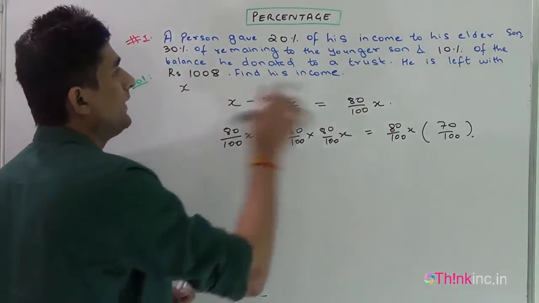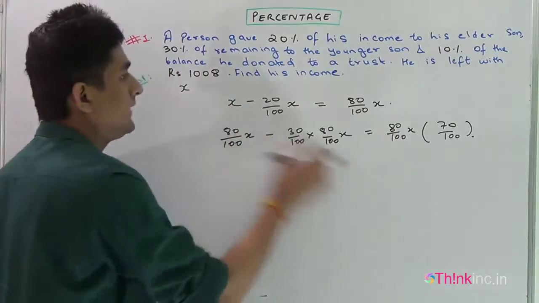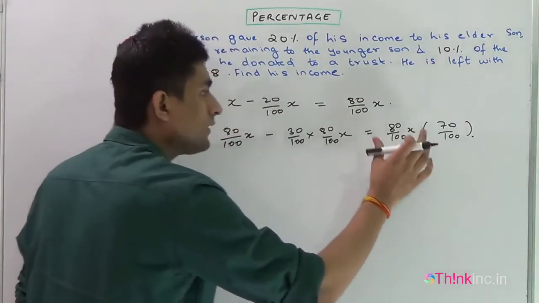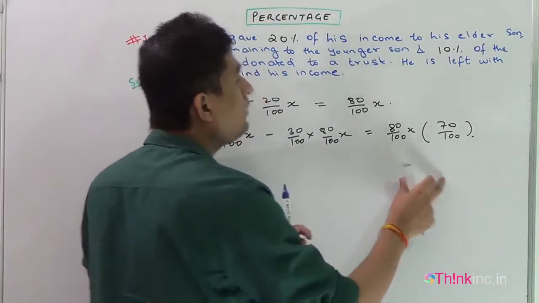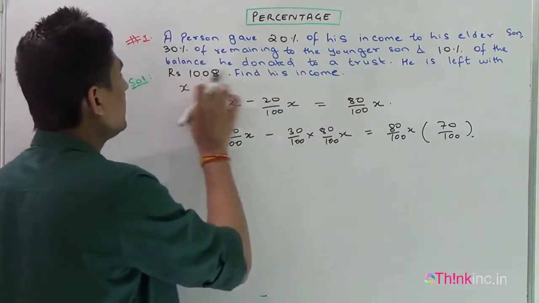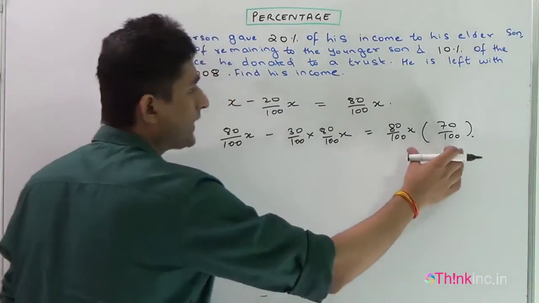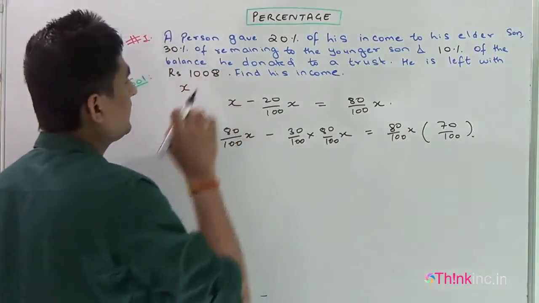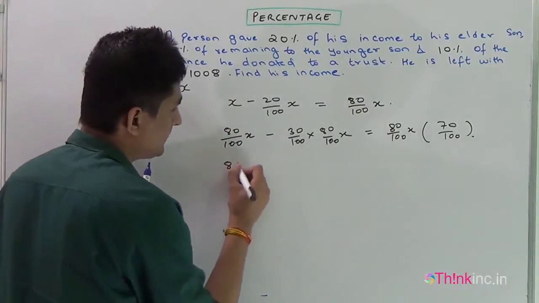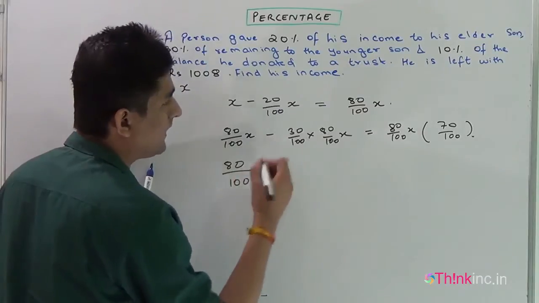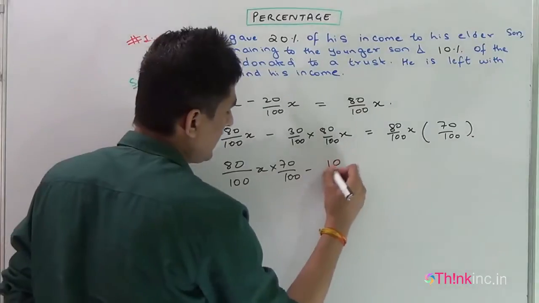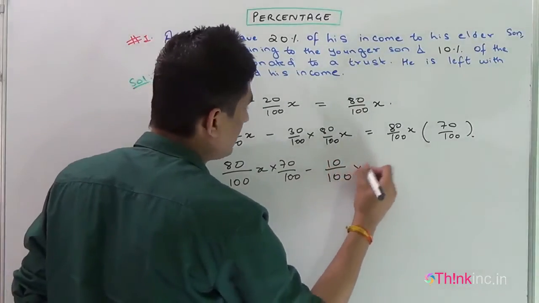Now he gave 10% of the balance. He is left with this amount, which is the balance amount. Of this amount, he gave 10% to a trust. That means he is left with some income which is rupees 1008. We have to subtract 10% of this income. Let's deduct 10% of this income.